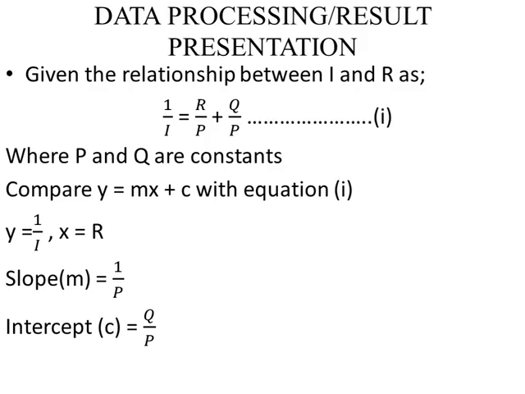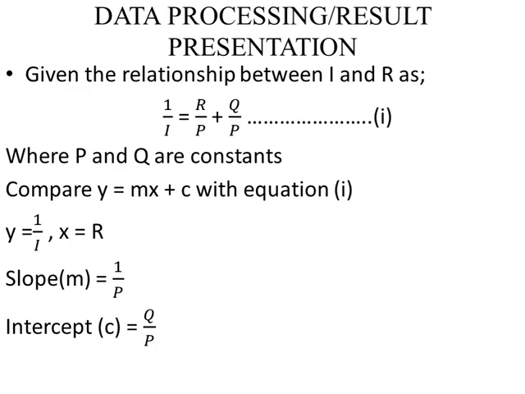Now, data processing, result presentation. You'll be given the relationship between I and R. It is this particular relationship that you work with that will linearize. Remember we have done how to linearize. Remember where I said y equals mx plus c, where y is what you'll be plotting on your y-axis for your graph, m is your slope, x is what will be plotted on your x-axis, while c is the intercept.